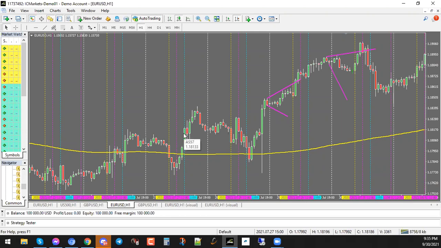Not the expanded ones. And in some cases, even the parallel ones, like we look at them and we call them flags. Sometimes we don't get a big breakout from them. We get a very small breakout, or what we can call fake outs in many situations. Okay, so I prefer to go for contracting formations because they pack the most explosive power. Okay, when they blow, they go very far. Okay.